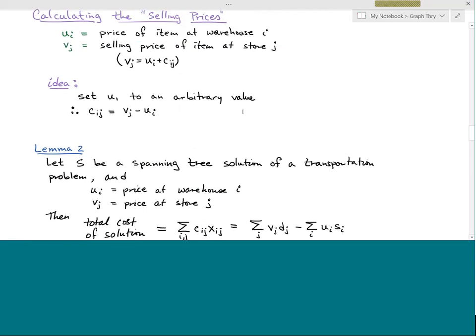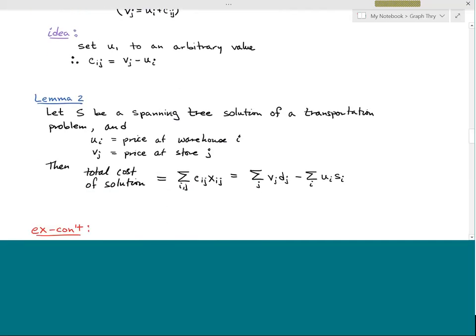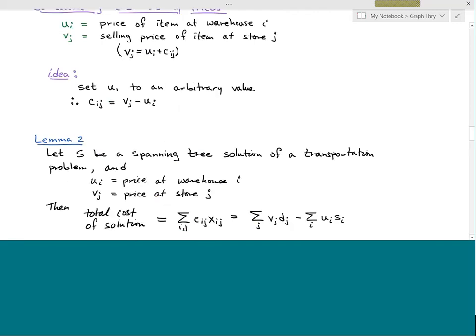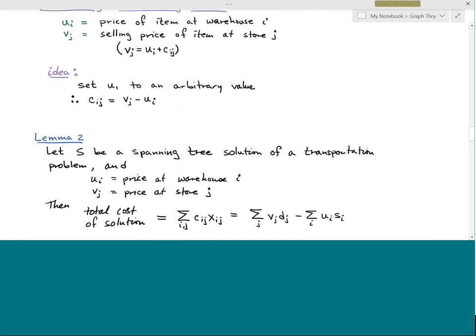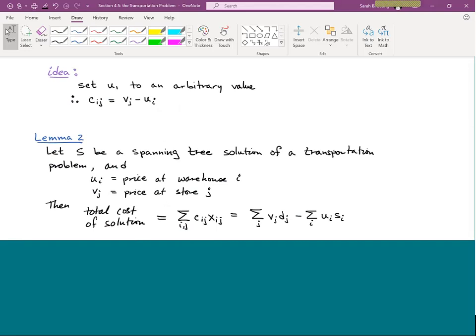Now, why can we just set U_1 to an arbitrary value? It turns out this is an issue from linear algebra. I'm going to hand wave a little bit through this, but to give you an idea of the linear algebra thing, let me just write it right up here, in a different color, so it's a comment.